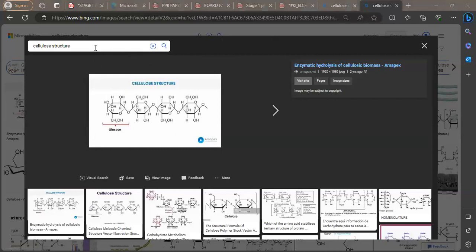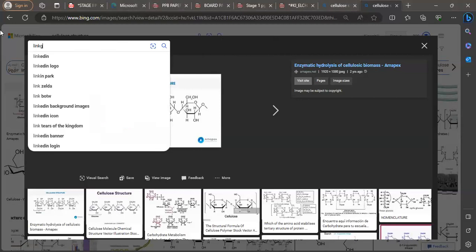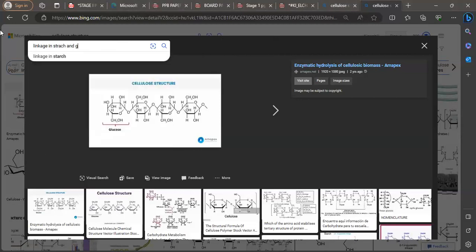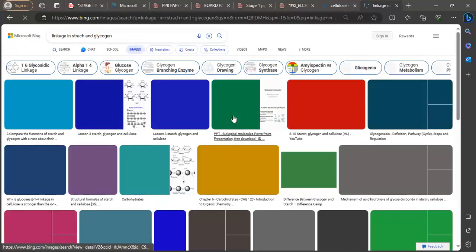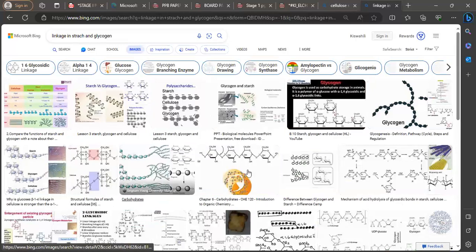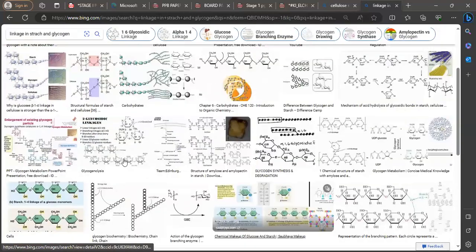We can discuss why we say beta. What's unique in the anomeric carbon that makes one beta, another one alpha. If someone knows, please just unmute and explain.